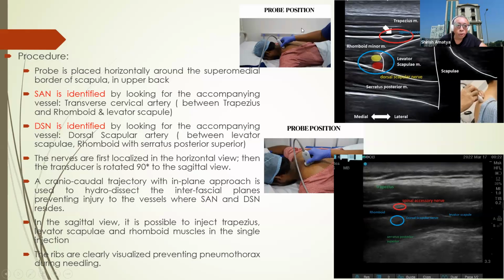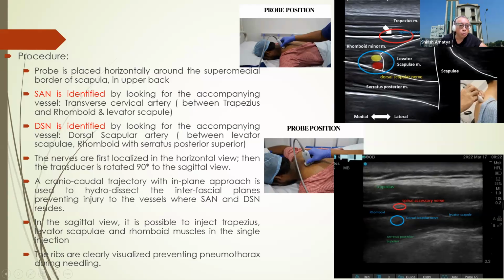When we put the probe horizontally between the neck and the upper part of the back, with a small part of the footprint overlying the medial aspect of the scapula, we can see this typical picture.